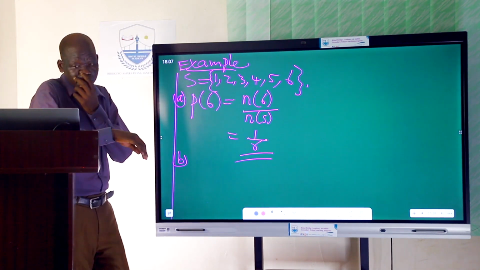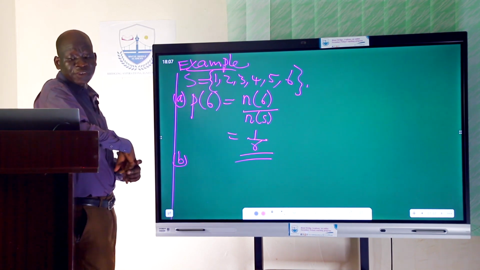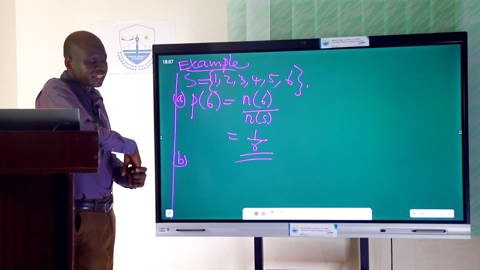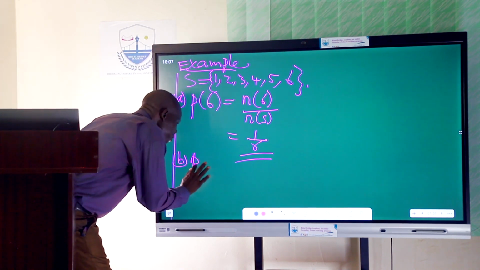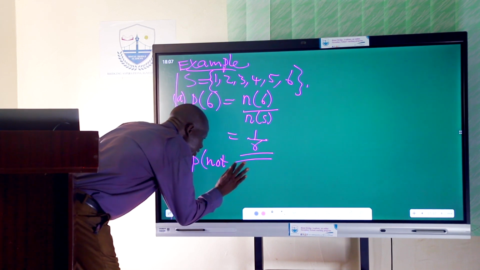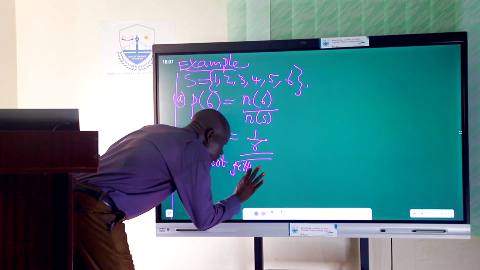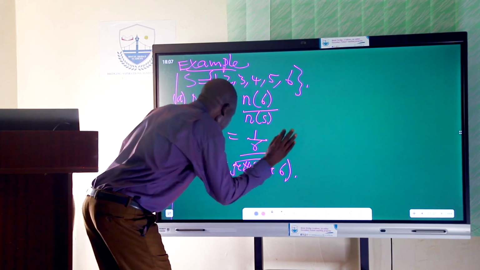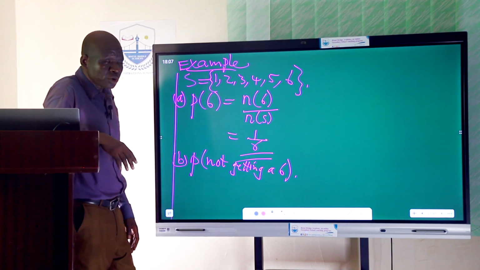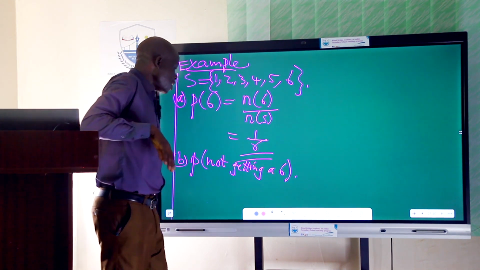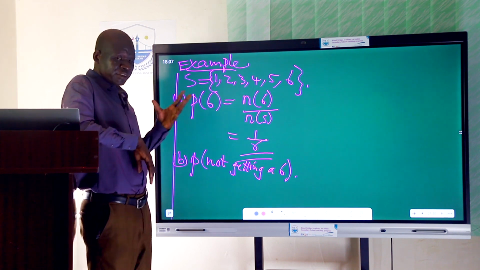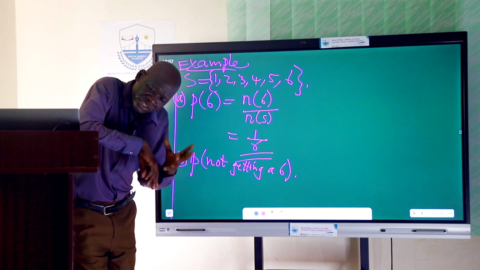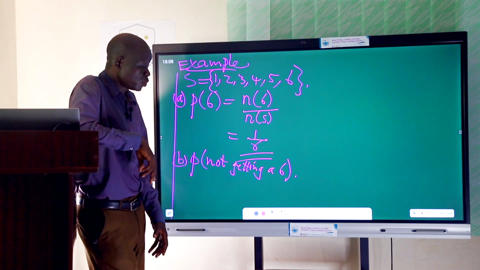Part B, they want us to find the probability of not getting a 6. So this now takes us to complementary events. The probability of an event occurring plus the probability of an event not occurring is equal to 1.